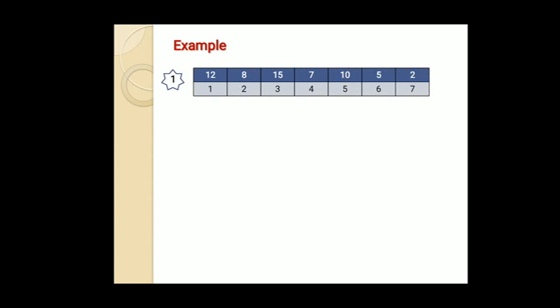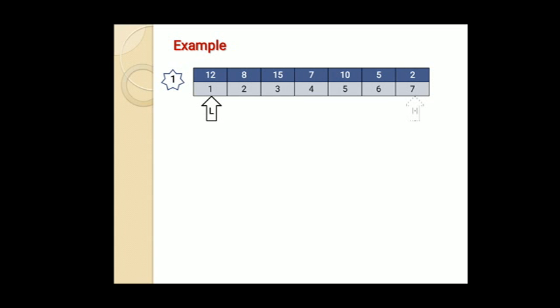Here I'll take an example of, say, 7 elements: 12, 8, 15 and so on till 2 are the unsorted array elements, and 1 to 7 are the indices. Initially I have to take 2 points, low and high.